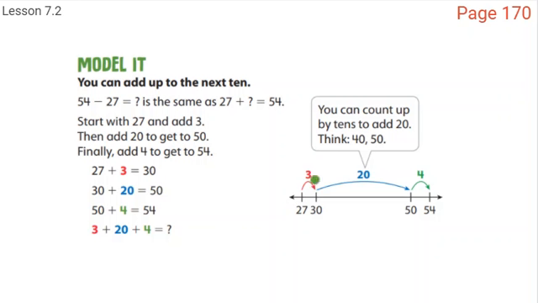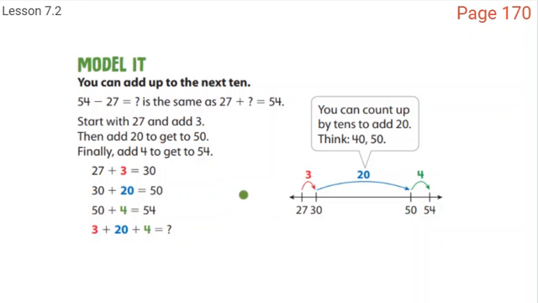So 27 plus 3 is equal to 30. 30 plus 20 is equal to 50. There's that big hop. 30 plus 10 more is 40, plus 10 more is 50. So 2 tens makes it 50. And then we have that hop for the 4. 3 plus 20 plus 4.